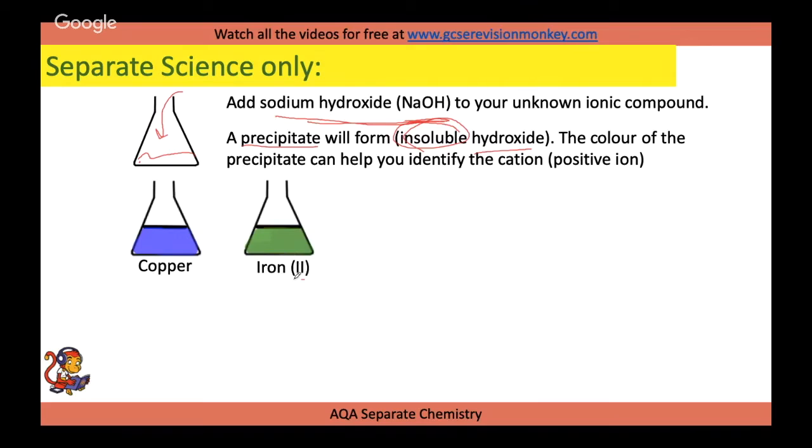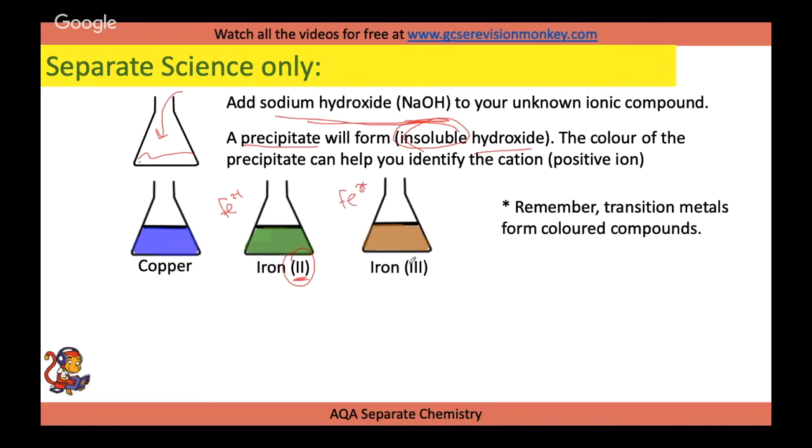An iron 2 from the transition metals, remember they can make ions with different charges, so this will be an Fe2+, that's why we call it iron 2, would make green, and iron 3 would make brown, so Fe3+. Remembering transition metals are the ones that form colour compounds, so that might help you remember these are the ones that have coloured compounds.